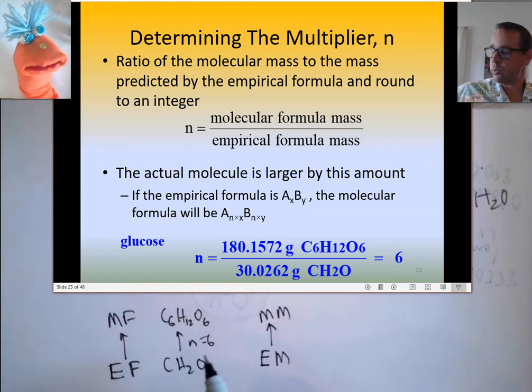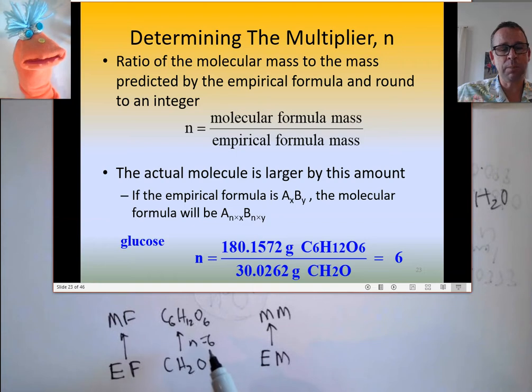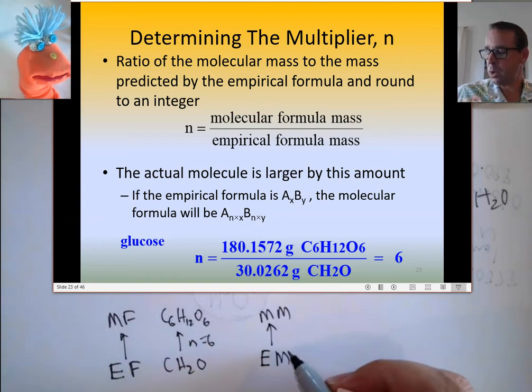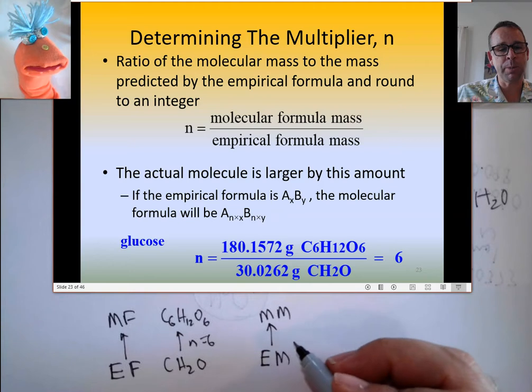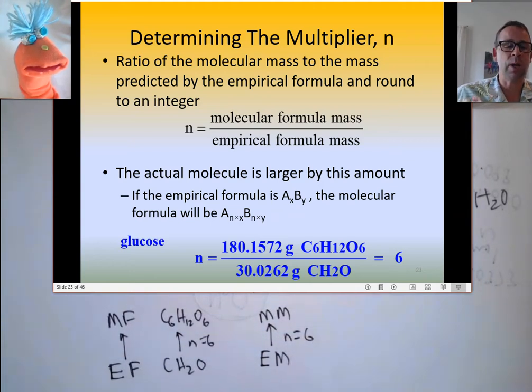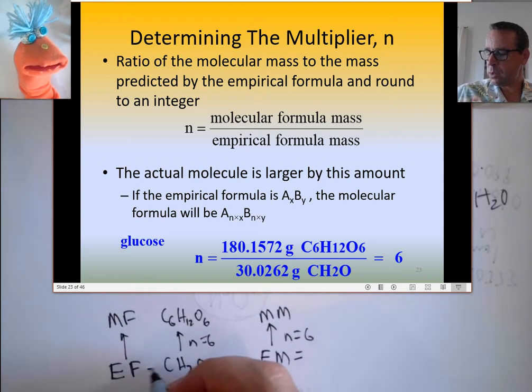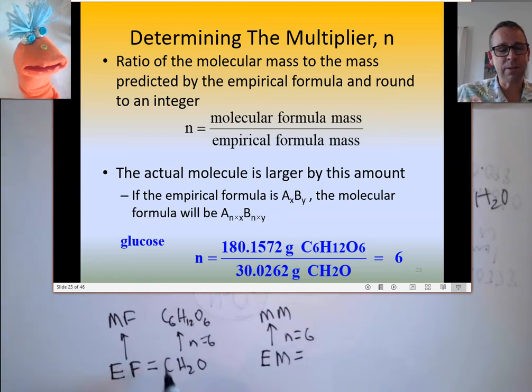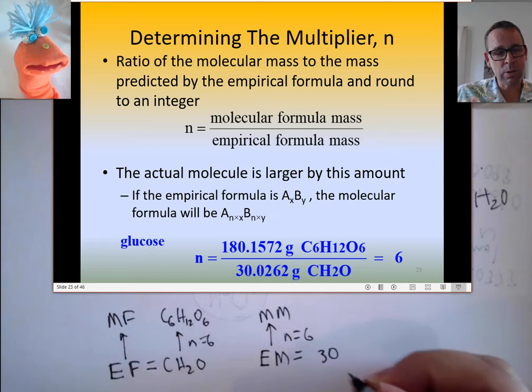All right? So if you know the multiplier for the empirical formula to the molecular formula, then we can also identify the multiplier for the empirical mass and the molecular mass. It has to be 6 as well. To identify the empirical mass, we just take the mass of this chemical formula here, which is our 30.